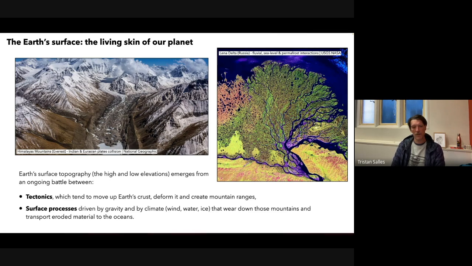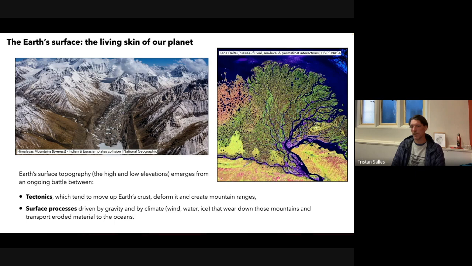On the other side, you've got other forces that are going to drive this change in landform, which are the surface processes, usually related to gravity, but also to different forcing induced by climate. It could be wind, wave, or ice, and these combined forces are going to change the way the elevation evolves by transporting or eroding sediments, let's say from mountains to alluvial plains, and depositing them in the marine environment.